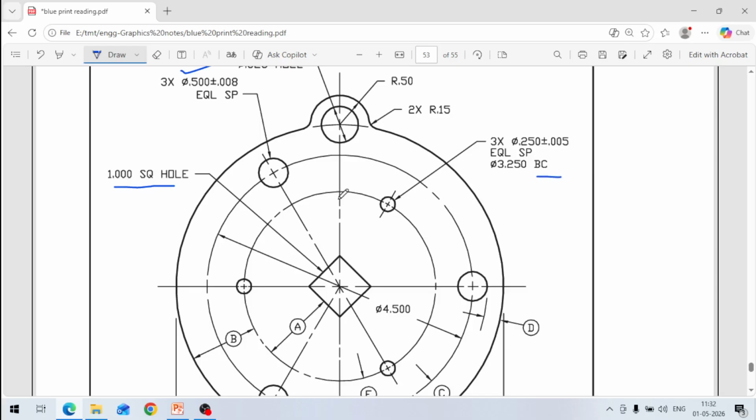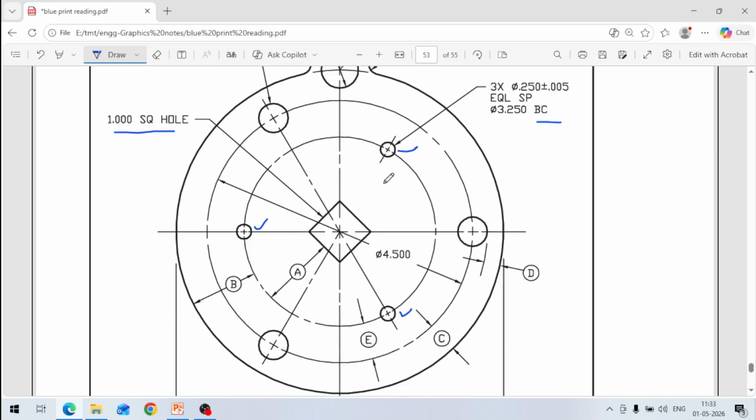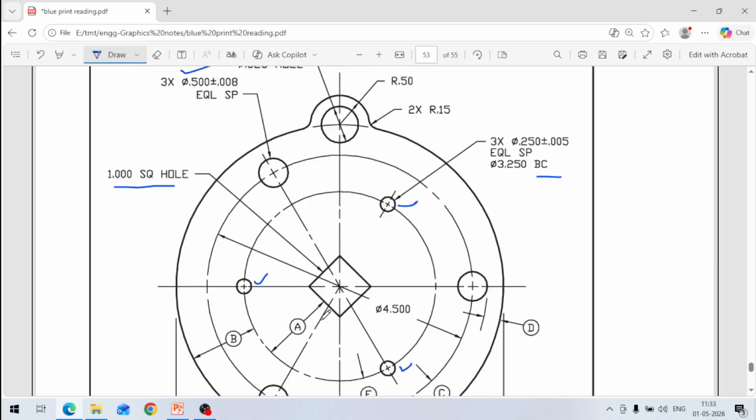So this center line is called the bolt circle, and there are 3 holes, and the diameter of the hole is 0.250 inch, equally spaced: 1, 2 and 3. These 3 holes are equispaced, meaning 120 degrees apart. So these are the 3 holes, the diameter is 0.250 inch, and the tolerance is plus minus 0.005 inch.